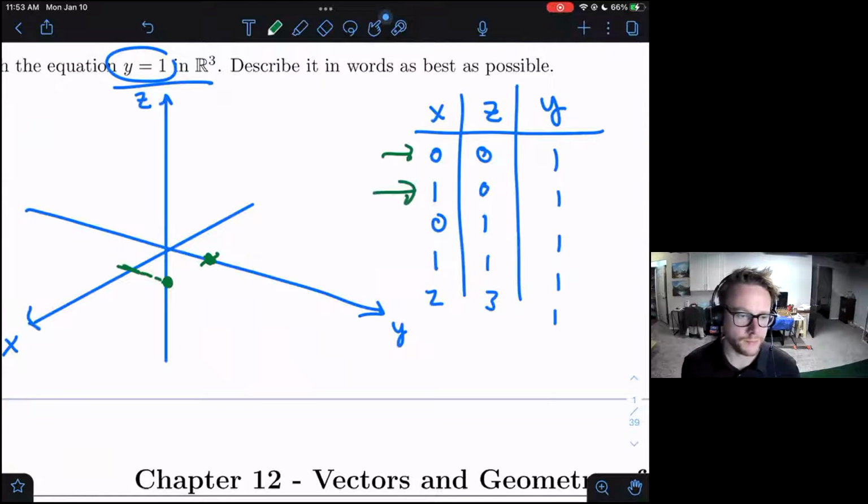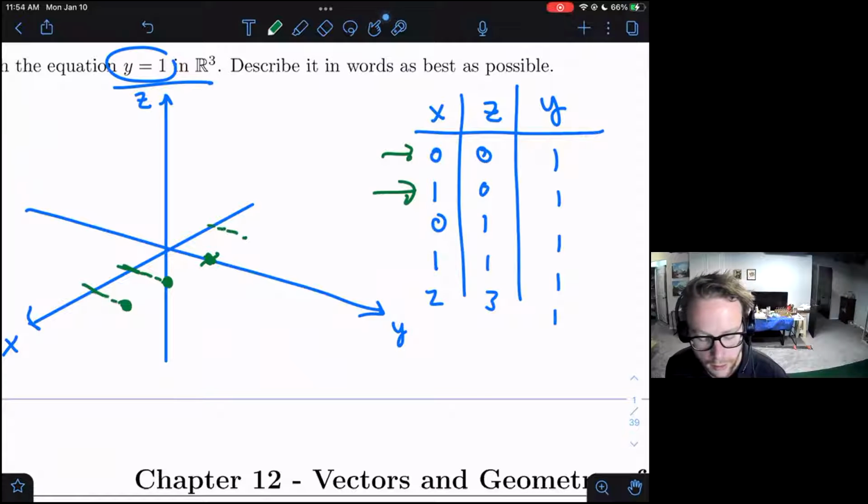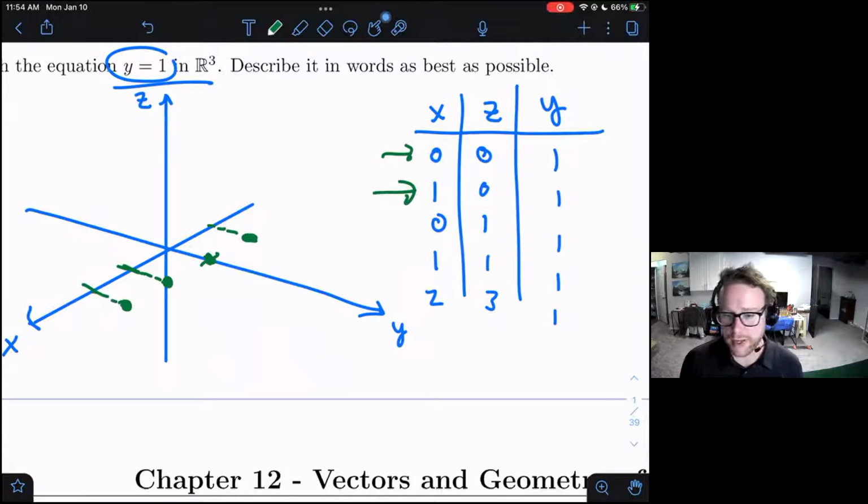There's that one. And notice that we could continue in this direction. We could do x equals 2. We could move out farther. And again, y would still have to be 1. Y would still have to be 1 back here as well. So long as y is equal to 1, x can be anything that it wants to be. And likewise, z can be anything that it wants to be. Maybe I don't move at all in the x direction. I move up 1 in the z direction, but again, y has to be equal to 1.